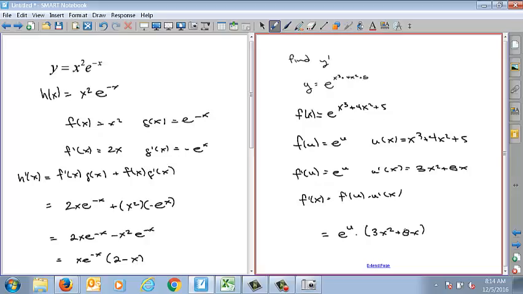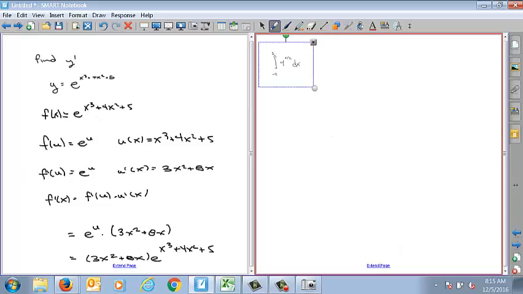That's why we would include the parentheses in there, even though you probably would know what you're doing. And so I would change the order. So I would get e to the u, plug u back in, and I get that. Okay, those are all easy things.